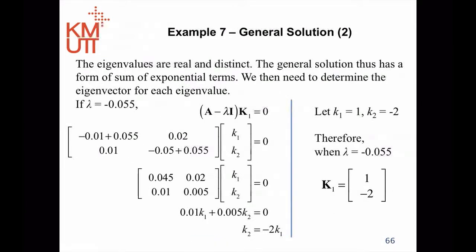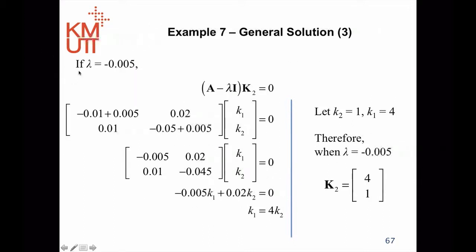For lambda equals minus 0.055, we have the relationship between K1 and K2 like this. So we get the eigenvector corresponding to this eigenvalue, equal to 1 and minus 2. In the case of lambda equals minus 0.005, we have the eigenvector corresponding to that eigenvalue like this.